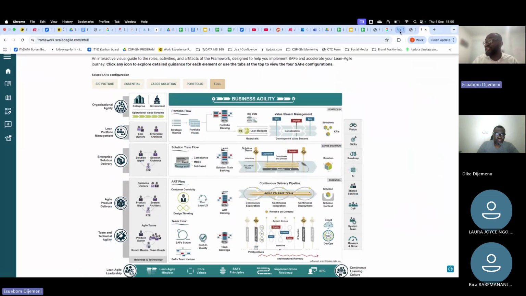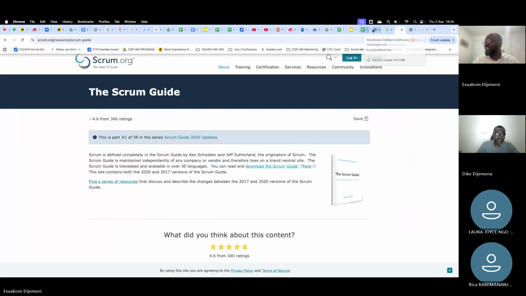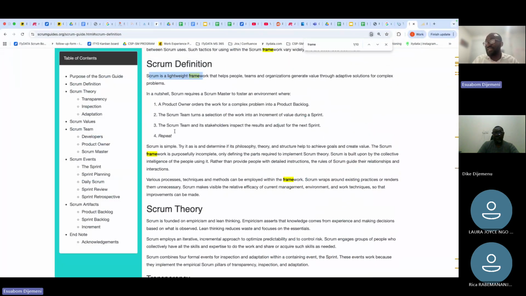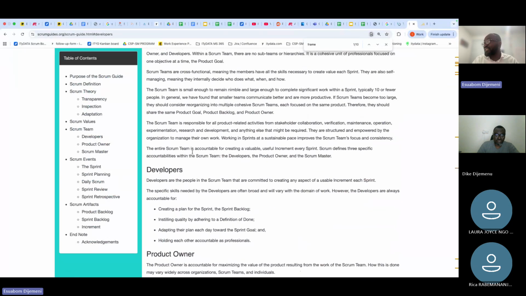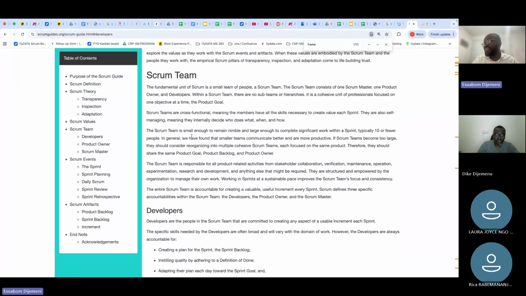While Scrum says at most 10 developers, or less. The Scrum team is small, typically 10 or less. So if we say 8 developers, 1 Scrum Master, 1 product owner, this is a framework.